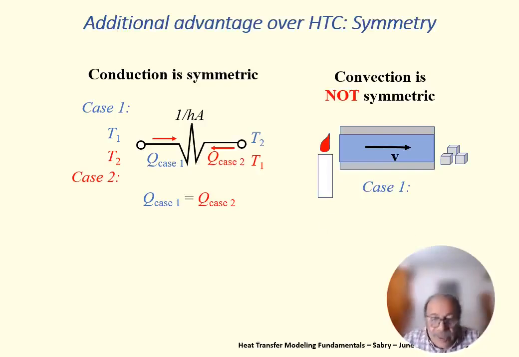Now, if I interchange them, and I put the candle on the right and the ice boxes on the left, then the temperature inside the whole domain will be low, almost that of the ice boxes, and will only be high just near the exit. So it's not symmetric. It's not like conduction, which is symmetric.